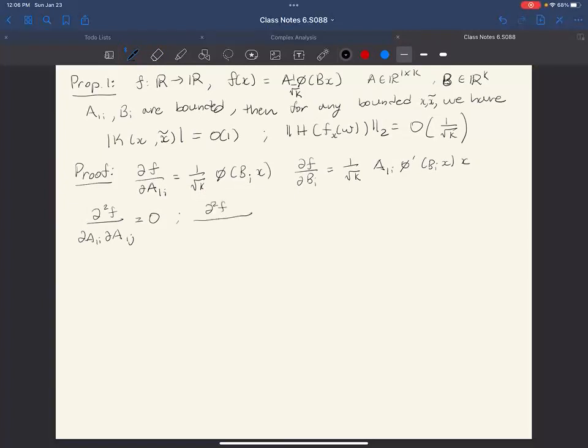Similarly, for a_1i and then b_i, this is just 1 over root k phi prime of b_i x times x. I'm doing these computations a bit fast because they're straightforward, but I encourage you all to work through them, especially in this simple case where you only have one-dimensional inputs.